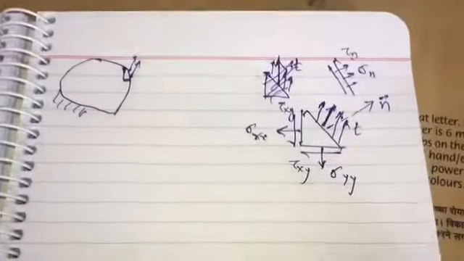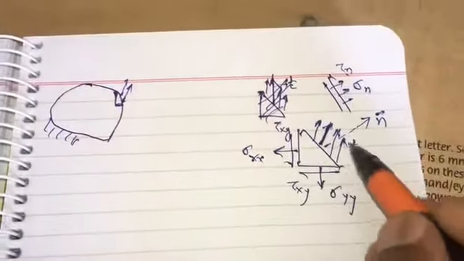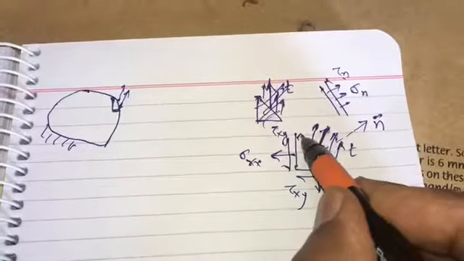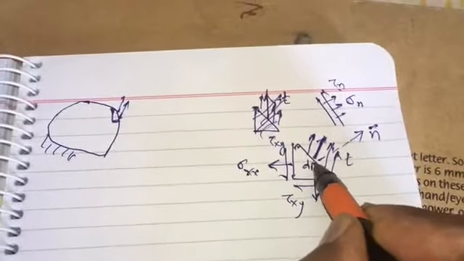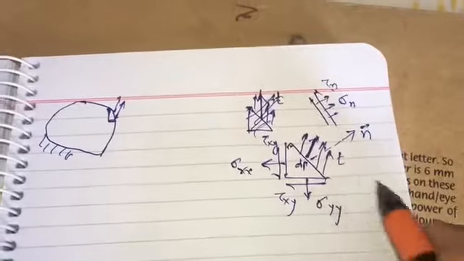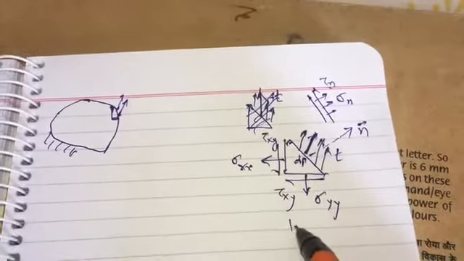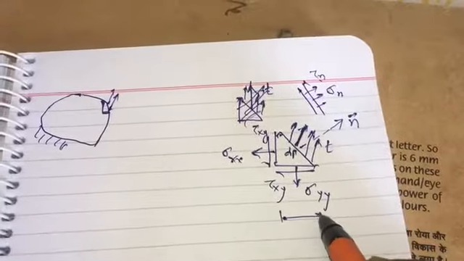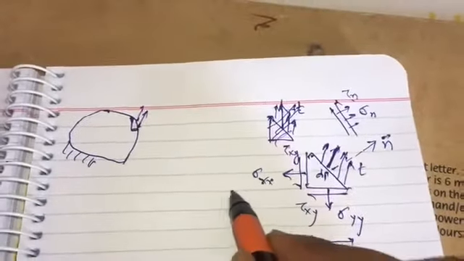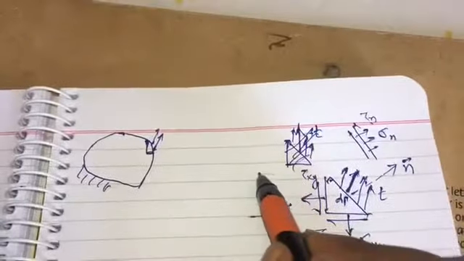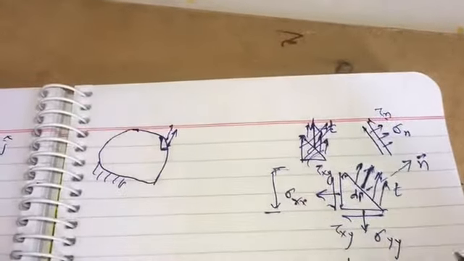Okay, so let us say the length from here to here is d gamma, and from here to here is dx, and the height of that wedge is dy.